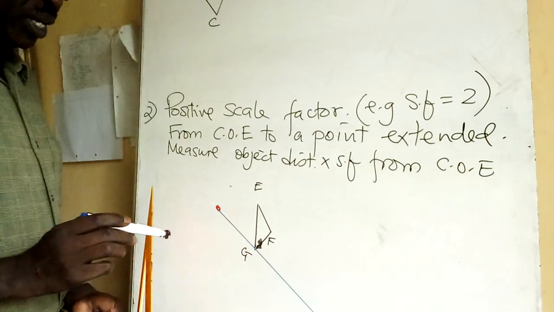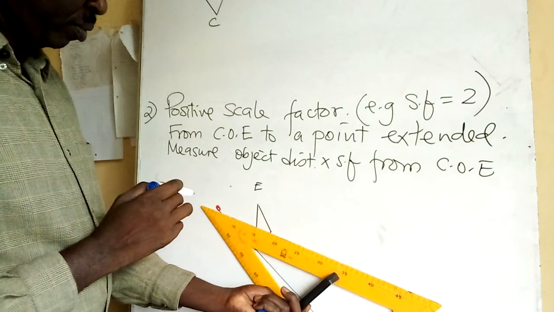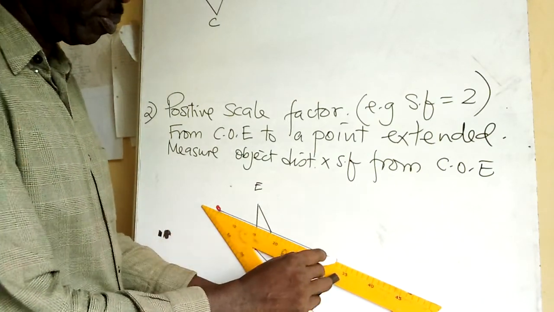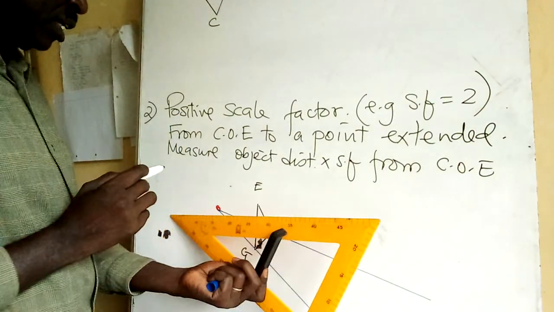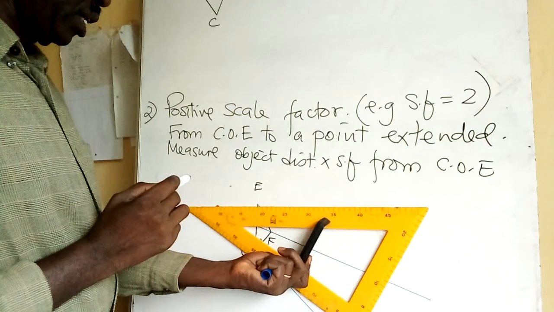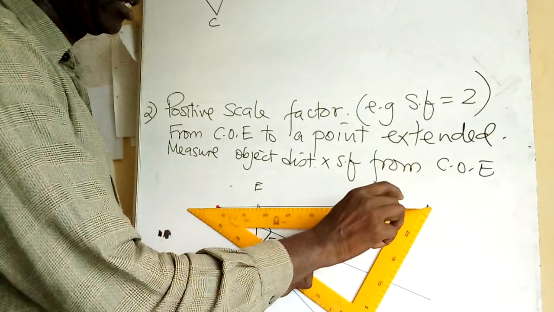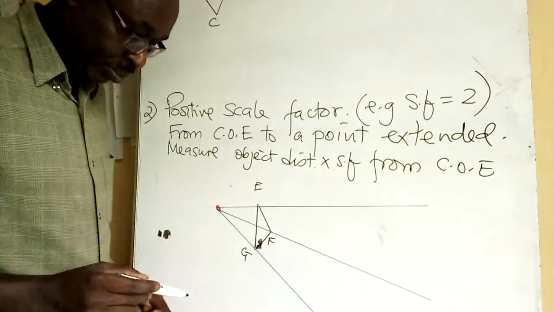Okay? I go to point F. I do the same, from the center of enlargement to the point, extend. And lastly, we take point E, from the center of enlargement to the point, extend.